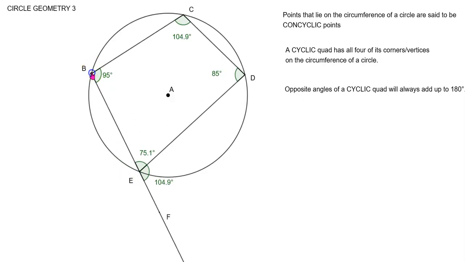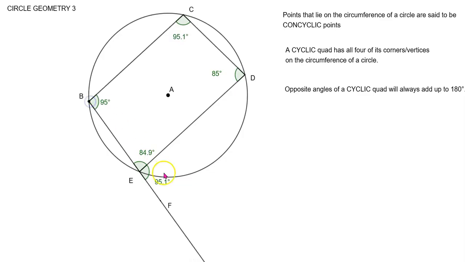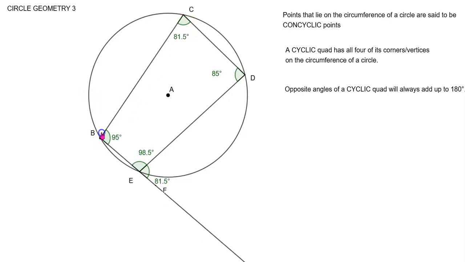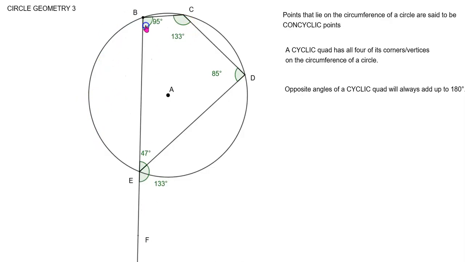No matter how I move these points, the exterior angle is going to equal the interior opposite angle. No matter if I make it big or small, those 2 angles, the exterior angle and its interior opposite partner, are going to be the same.